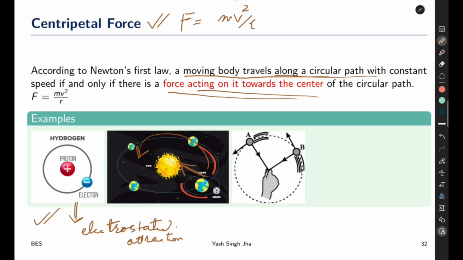In the case of a stone tied to a string and whirled around, tension in the string provides the centripetal force. It's a very natural consequence of Newton's first law. If a change is happening, a force must be causing it. That force here is centripetal force.